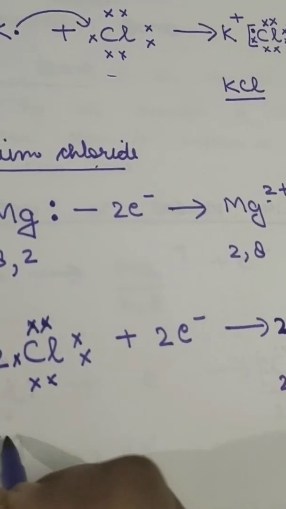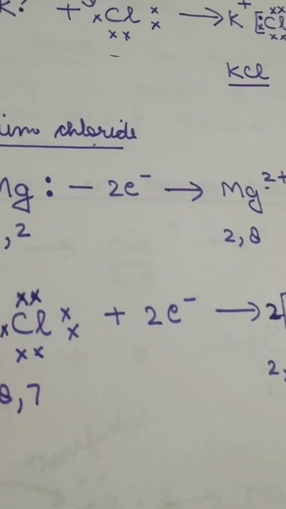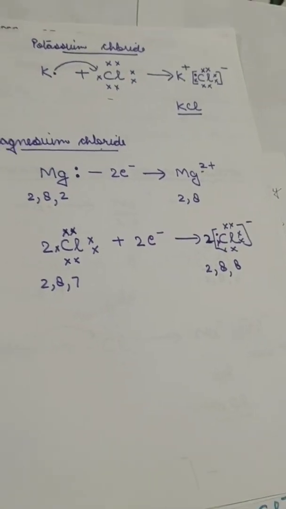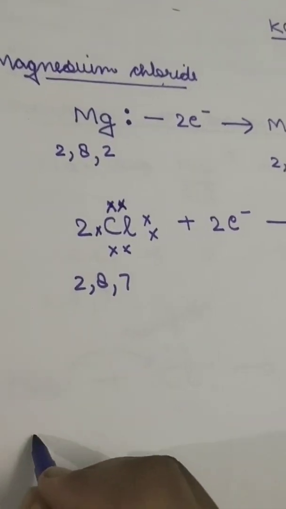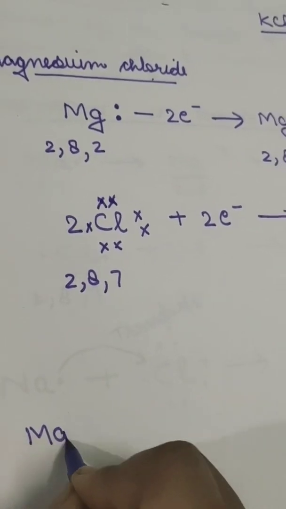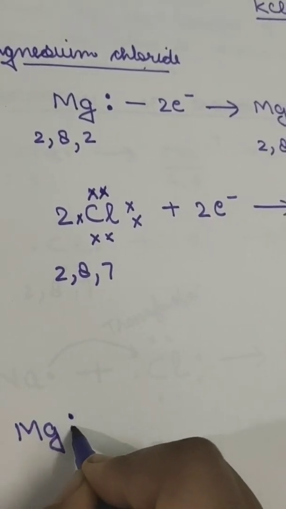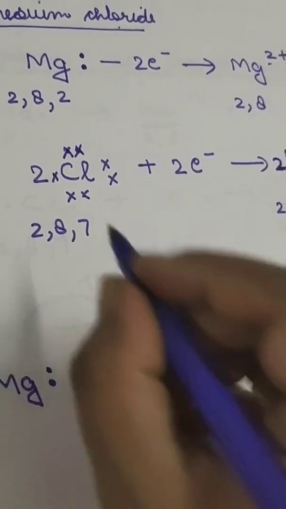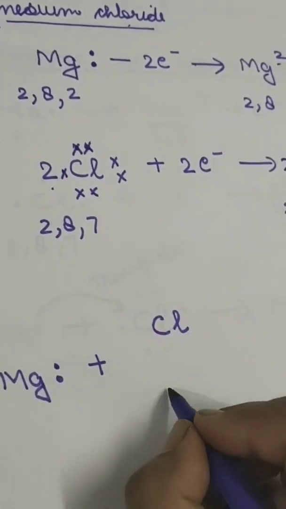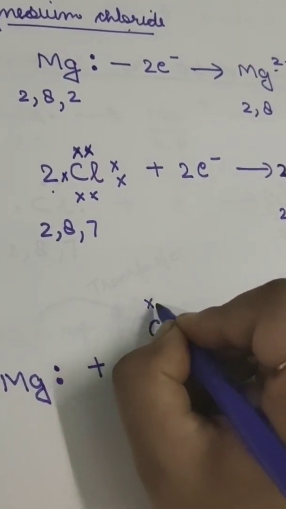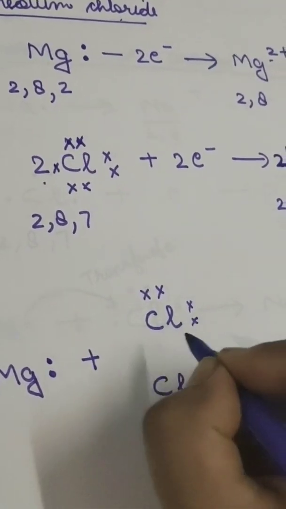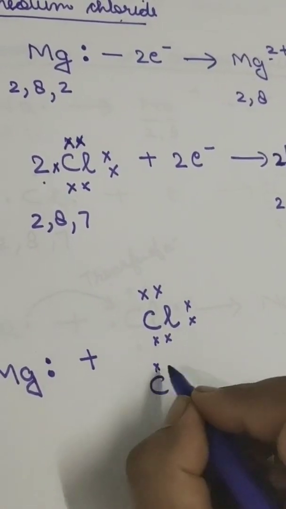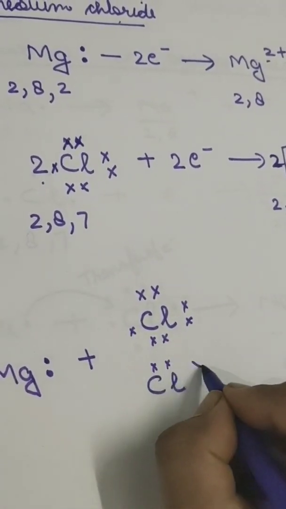It was 2, 8 and 7 in the beginning. This is how it will actually happen: this will be magnesium, having 2 electrons, and it will combine with 2 chlorine. One is this and the other one is this.